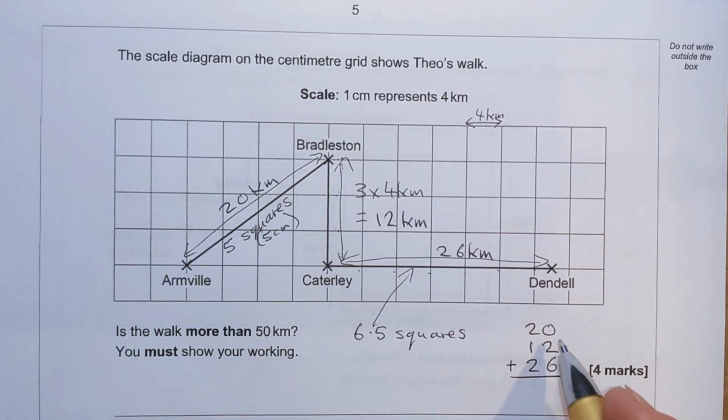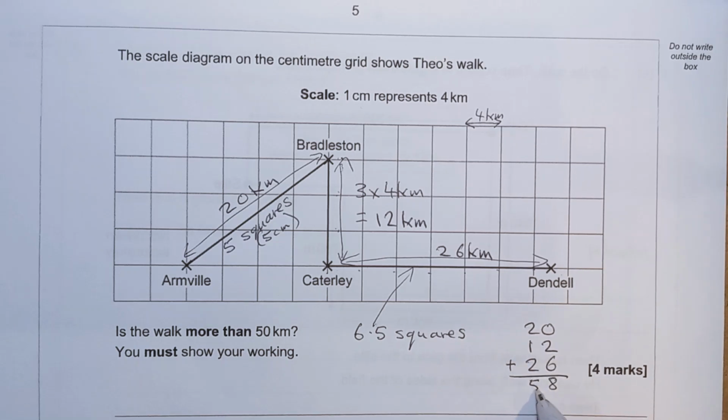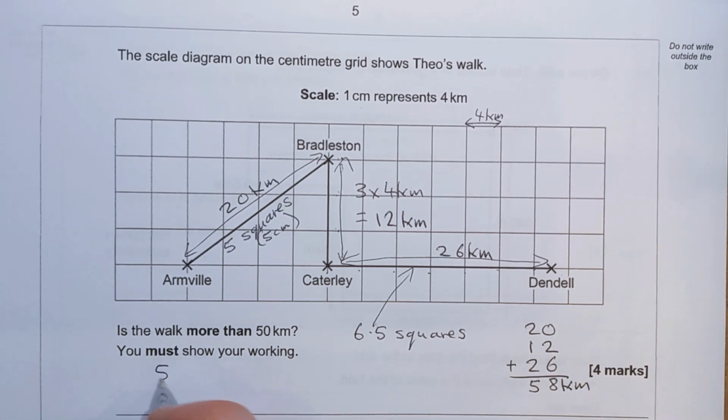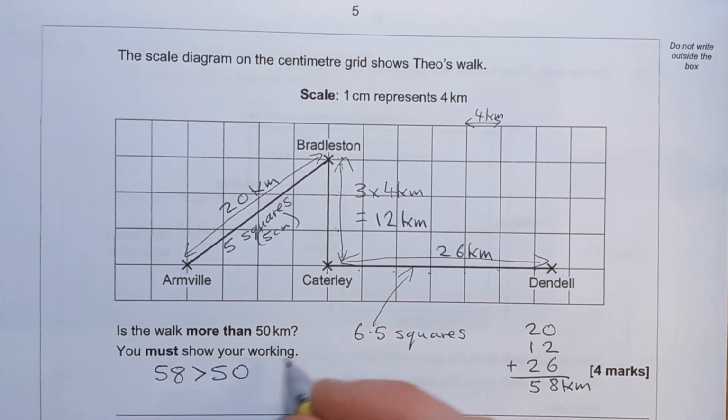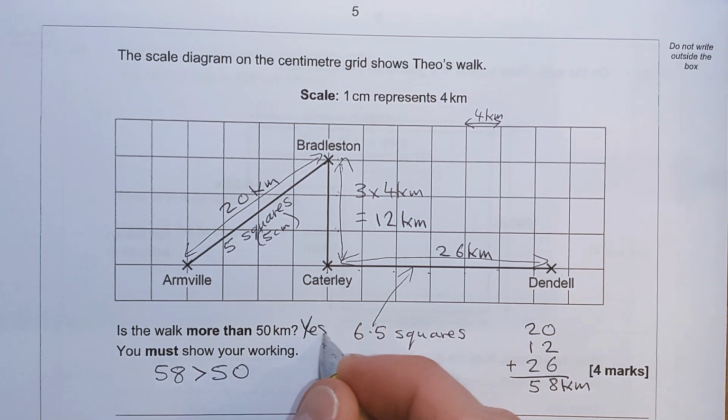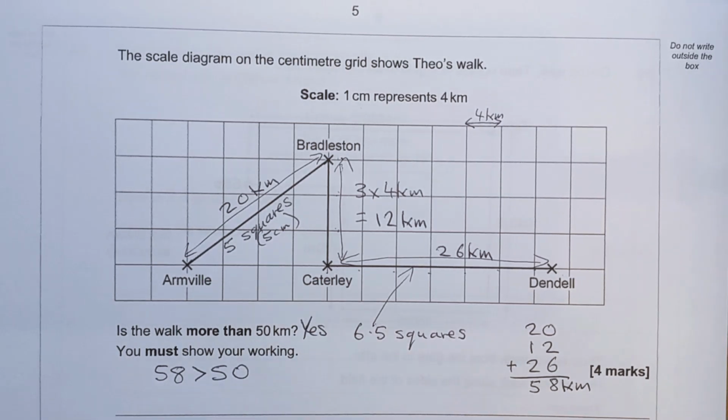So let's add these all up. 0 plus 2 plus 6 is 8. 2 plus 1 plus 2 is 5. So we get a total of 58 kilometres. So we can say 58 is greater than 50. So yes, it is more than 50 kilometres.